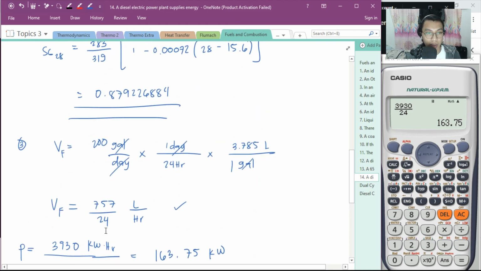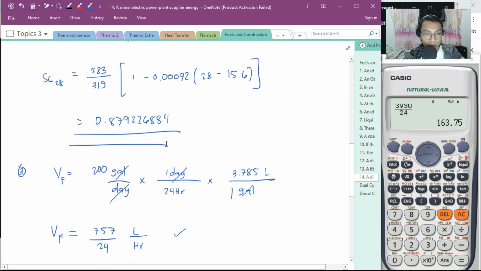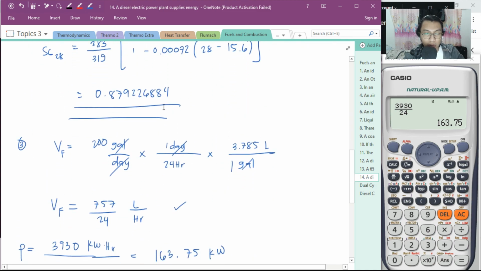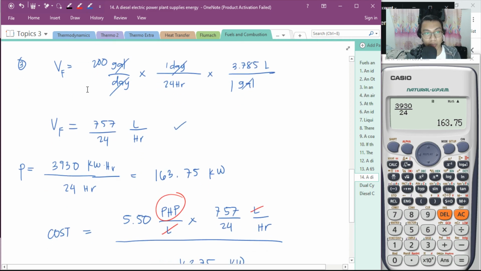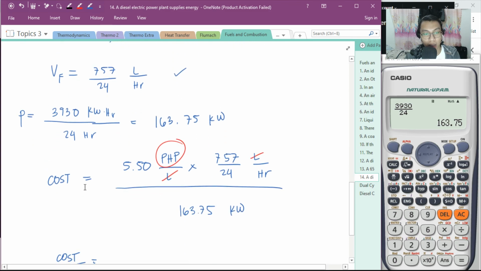Okay? Nagamit ba to? Actually, hindi eh. Gagamitin mo yan sa next question dapat. May next question pa to, hindi ko na sinama eh. Pero ito yon, magsimula ka dito sa volume niya, tapos kunin mo yung power, and then pag nakuha mo yung power, makukuha mo na yung cost.